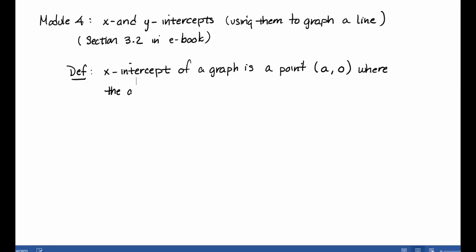So it's where the graph intersects the x-axis.